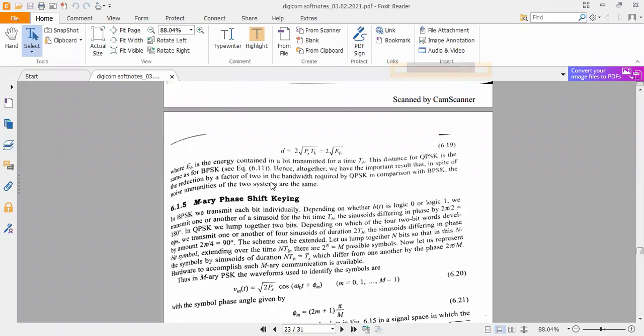If you want to say something, speak. I am not moving on because QPSK you have to understand very well.